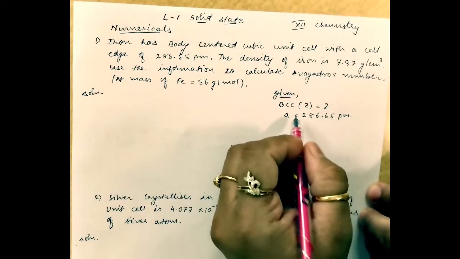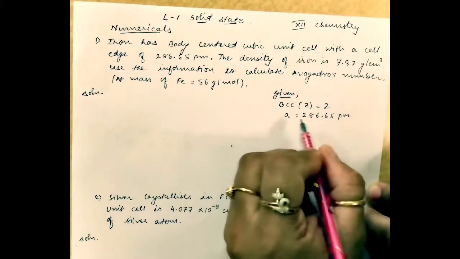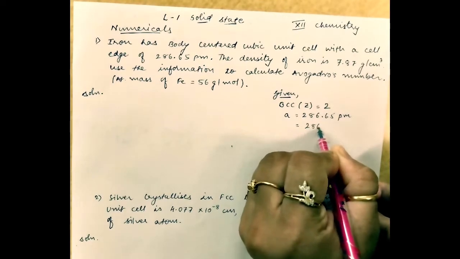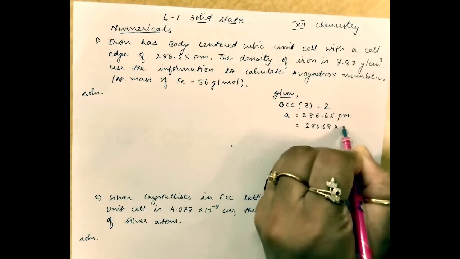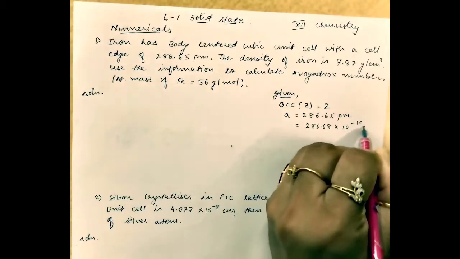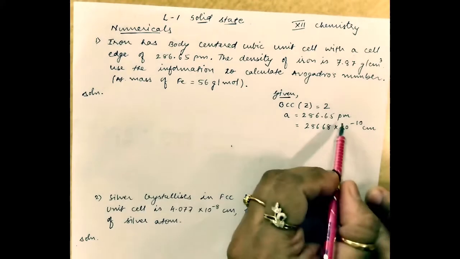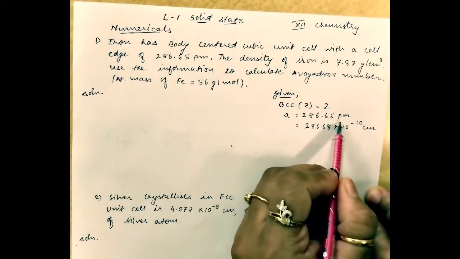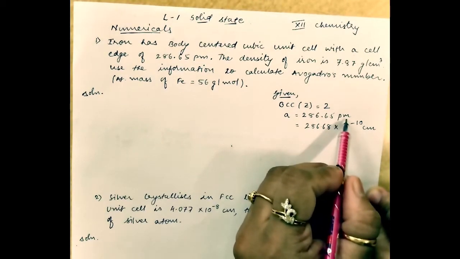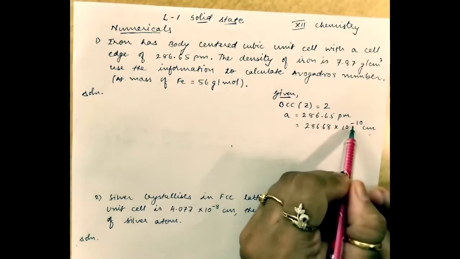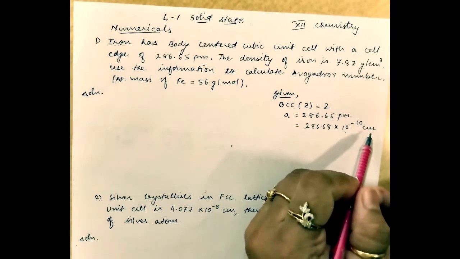Let me convert it into centimeters. It comes out to be 286.65 into 10 to the power of minus 10 centimeter, because pico is 10 to the power of minus 12 meters, and I wanted to convert it into centimeters.